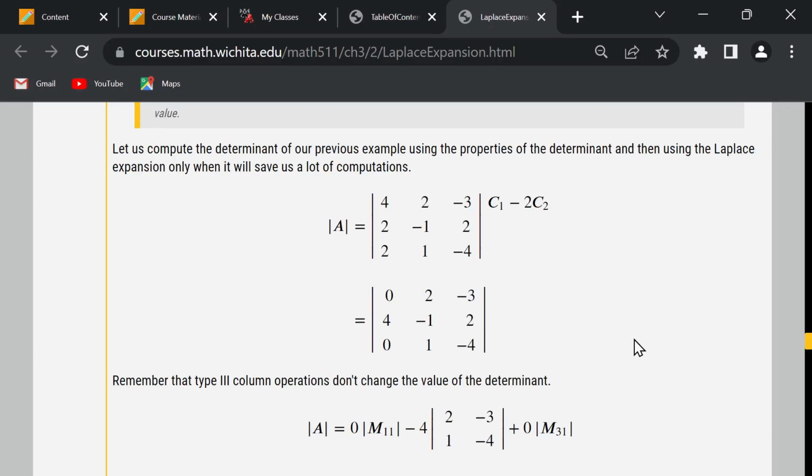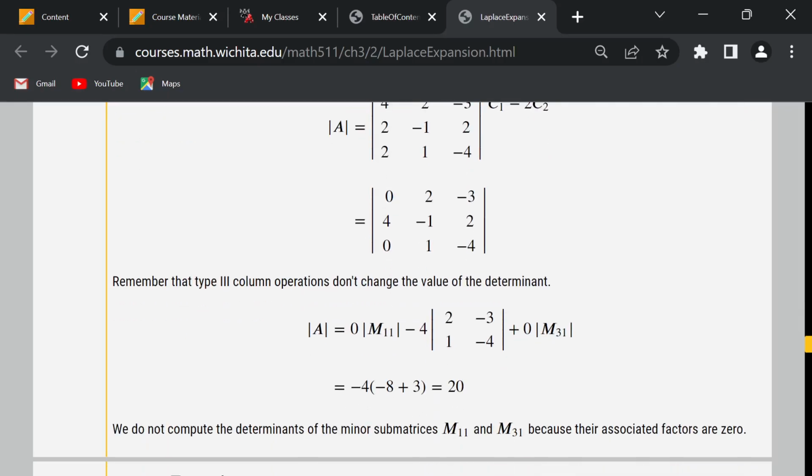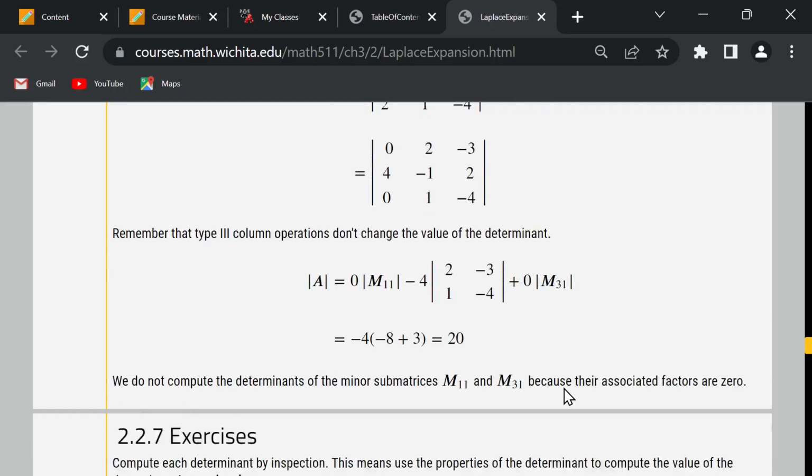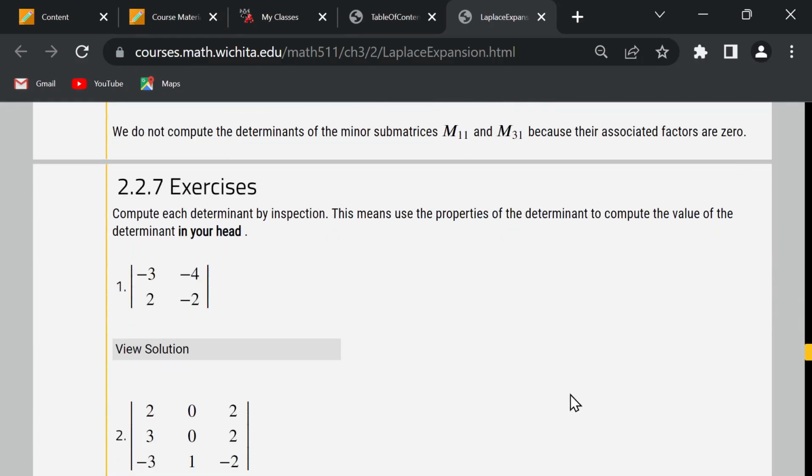After all, if I subtract 2 times column 2 from column 1, 4 minus 4 is 0, 2 minus a negative 2 is 4, and 2 minus 2 is 0. And I end up with a column with 2 zeros and a 4. So it will be 0 times the determinant of its minor, minus 4 times the determinant of its minor, plus 0 times the determinant of its minor. In other words, 20. So let's look at some of these exercises.